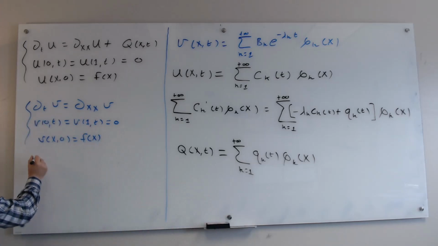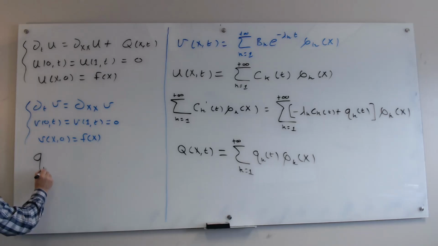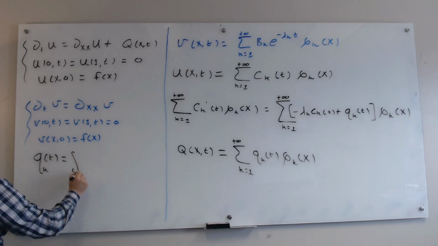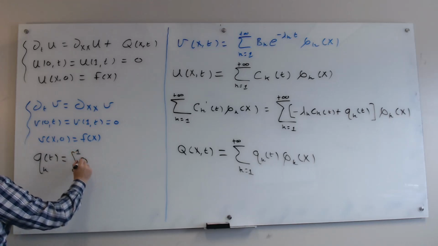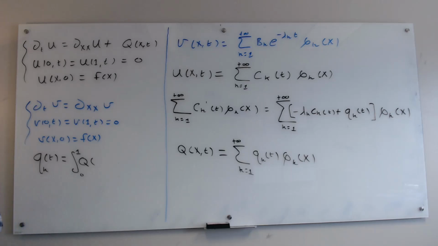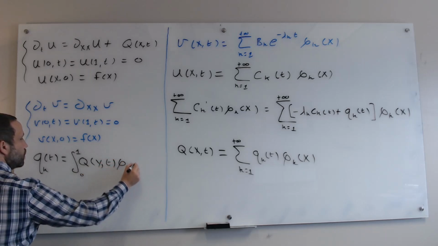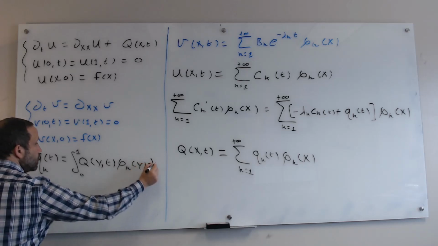Well, just using the general theory that we've seen, just based on orthonormality, q_k of t is going to be the integral from 0 to 1 of q. We're integrating in the x variable, but I'm going to use y as the dummy variable. So it's q of y,t phi_k of y dy.